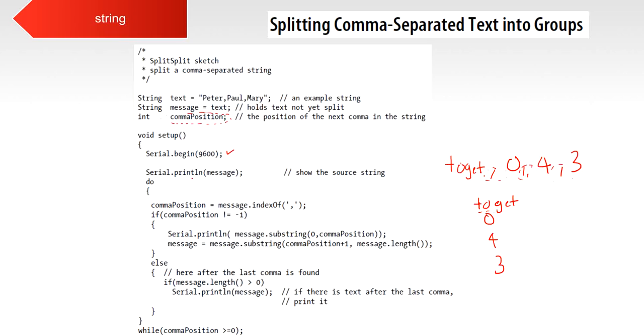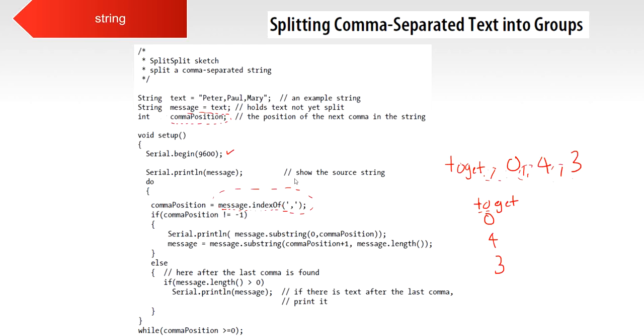For this particular case, first it will detect the comma position. The comma position can be detected using this notation, where message is the variable of the text, and then indexOf. IndexOf will find what we provide inside the longer string.